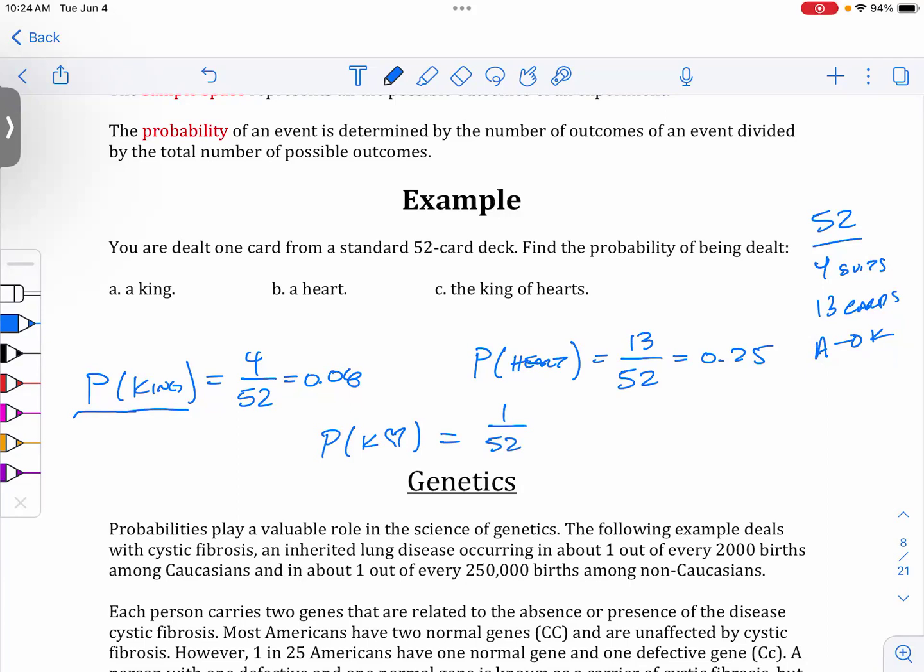And again, this is what I was talking about. It's perfectly fine to leave this as a fraction or a percentage. In my math lab, it's very specific on what it wants: fraction, probability, or percent. I try to specify that on the activities for how to enter the value.